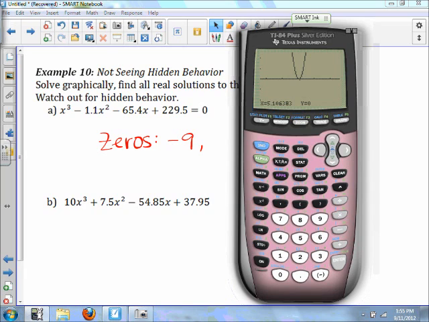I'm going to zoom in again, just to show you what's really happening. You can see that there's actually going to be a dip there. So we'll have to find those two zeros also. This is what they mean by hidden behavior.